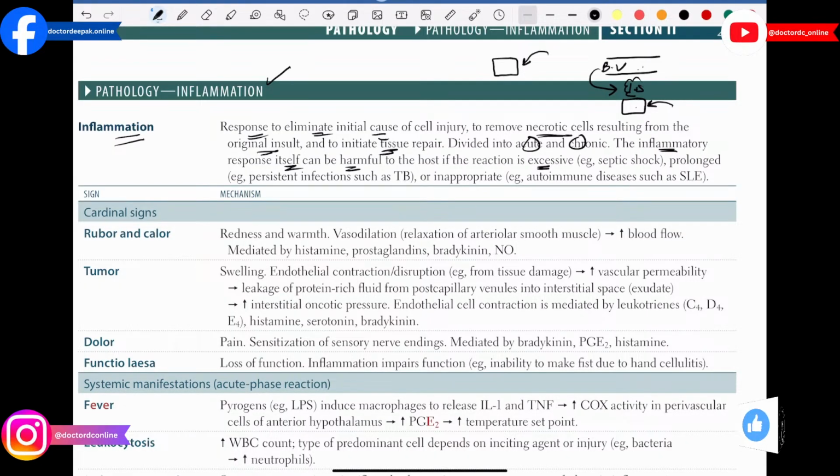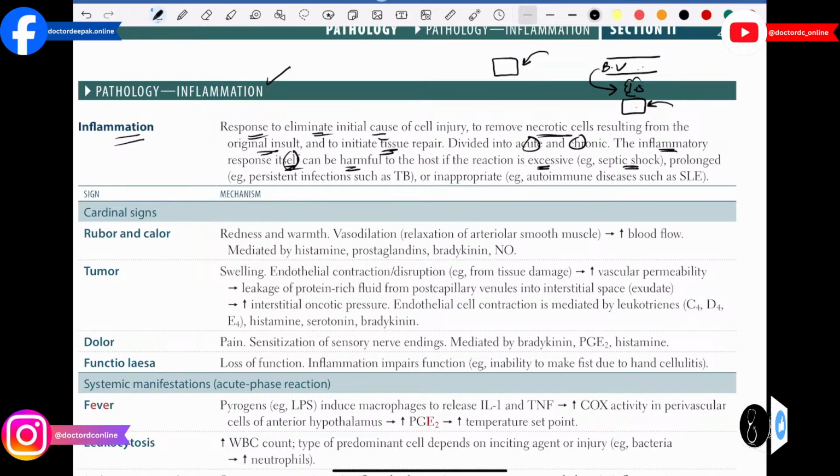They can lead to vasodilation, and that vasodilation can cause shock. So that's why they mention here that the inflammatory response itself can be harmful for the person if it is excessive or lasts for many days, and it can lead to septic shock.